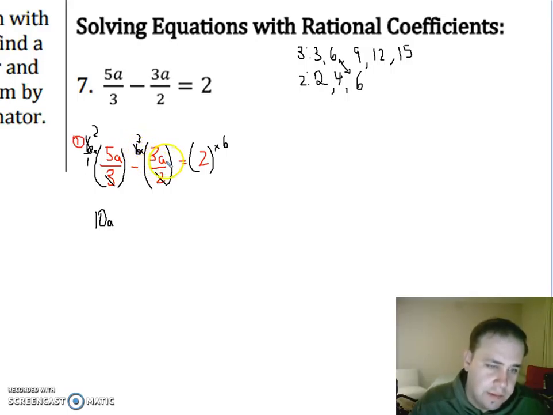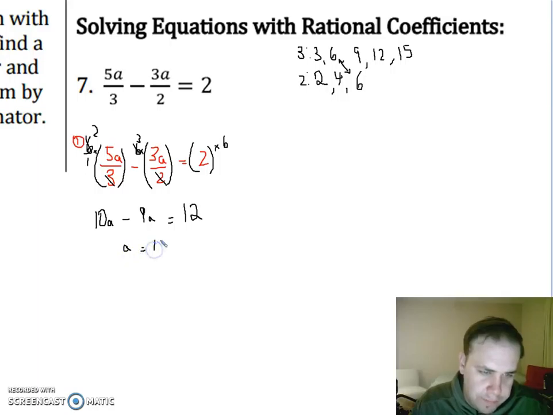3 times 3 is 9, so we're going to say 5a minus 9a equals 2 times 6, that's 12. So we have a equals 12. Now we need to verify this. How do we verify it? We check ourselves. Check your answers.